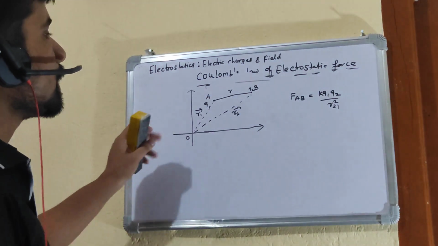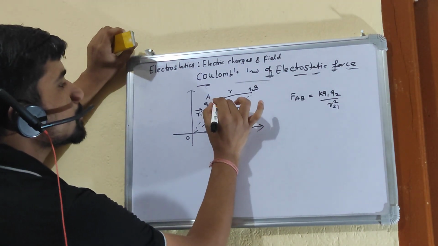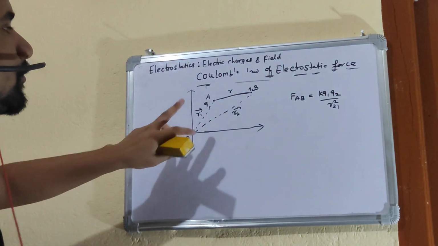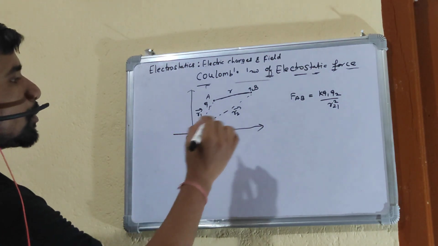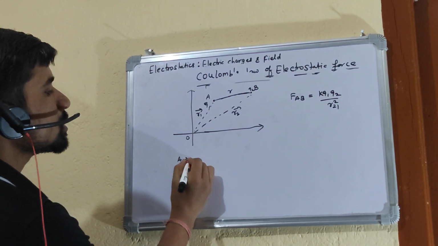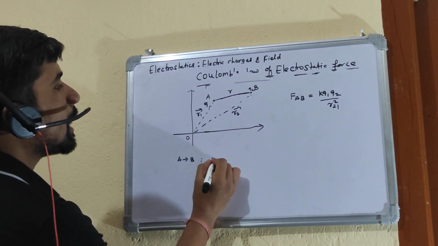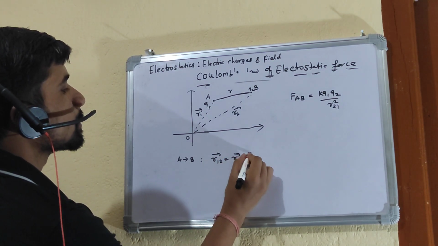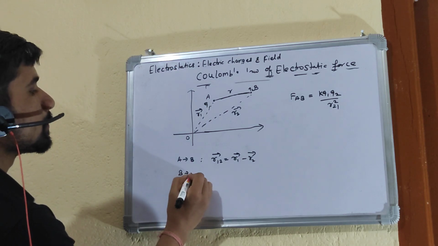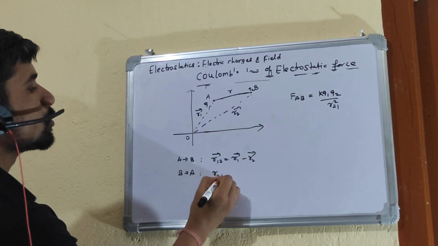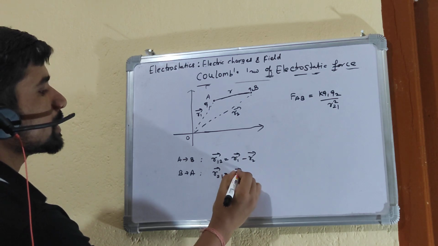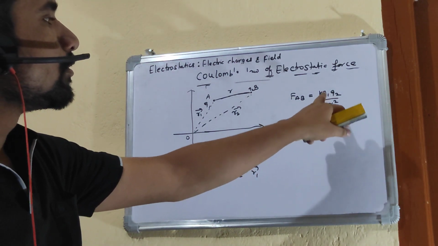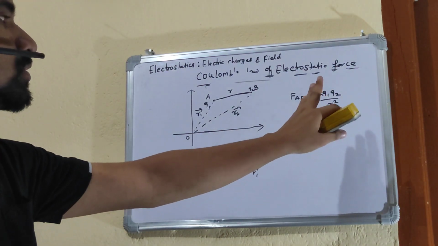This is the magnitude r, but vectorially, from A to B the position vector would be r12 vector, which is r1 vector minus r2 vector. But from B to A, the position vector will be r21 vector, which is r2 vector minus r1 vector, right? So the force on A due to B will be k q1 q2 by r21 square.